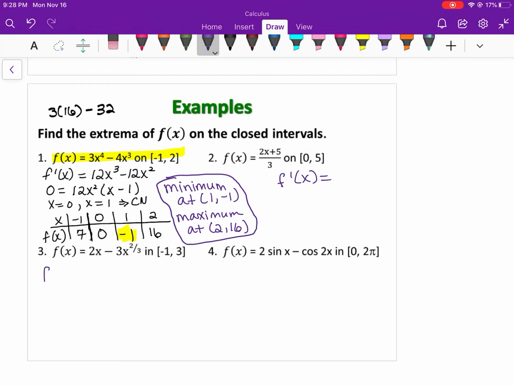For number 3, I'm going to find my first derivative. I'm going to set that equal to 0.